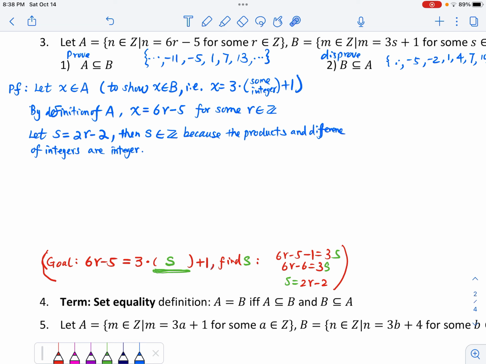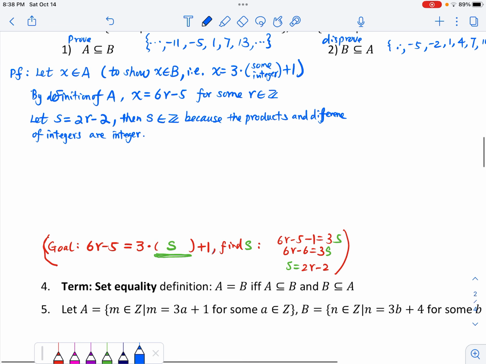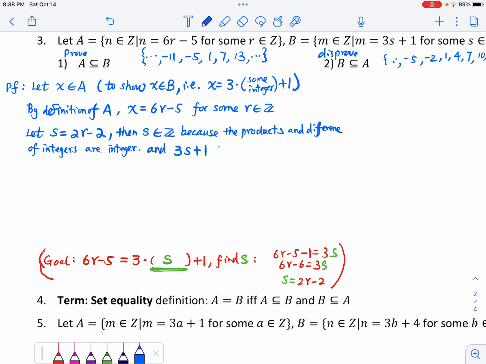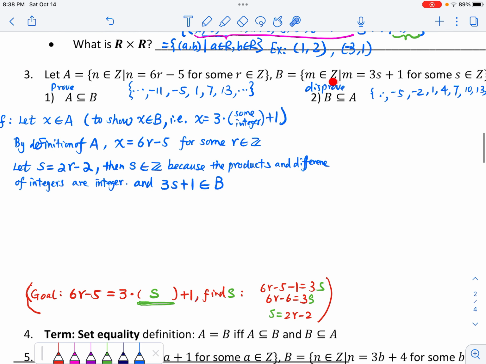Now I'm going to show that 3s plus 1 has to be in B. Why? Because look at the definition of B. B is a collection of numbers that can be written in this form, 3s plus 1, where s is an integer. So therefore I'm sure that 3s plus 1 has to be in B.